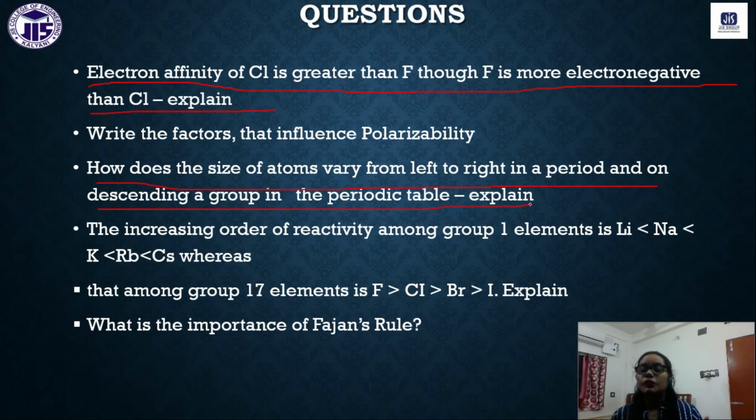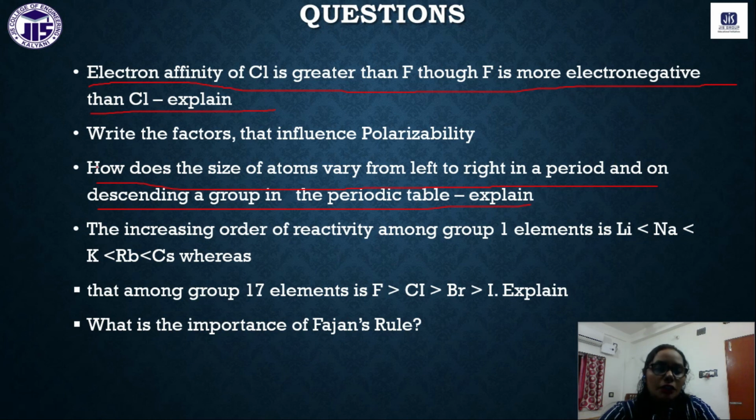That's why size contraction will take place, and the size will decrease. So along the period from left to right, we have a decrease in size, and down the group we have an increase in size.